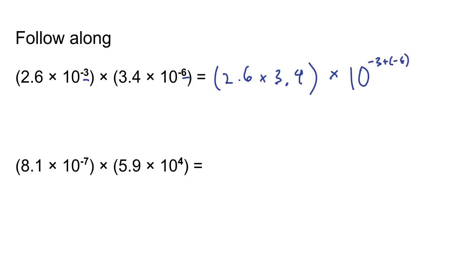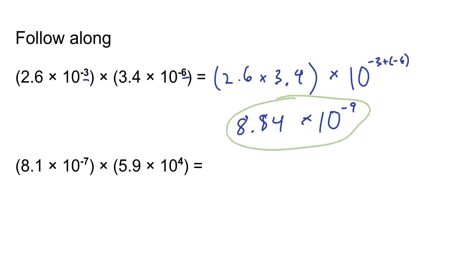And 2.6 times 3.4 is 8.84 times 10, and negative 3 plus negative 6 equals negative 9. So the answer is 8.84 times 10 to the negative 9th power.